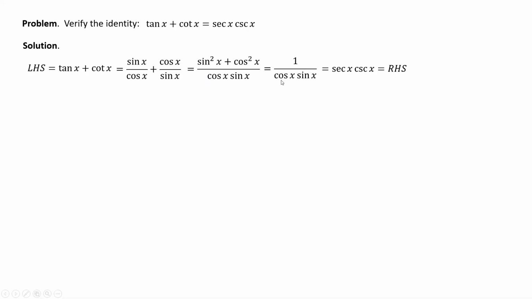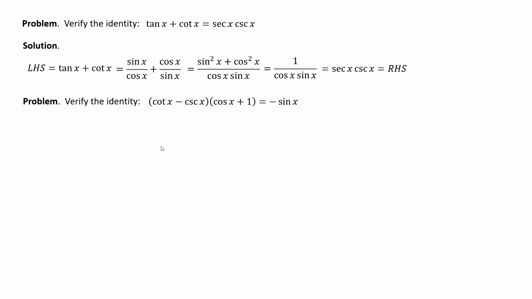So 1 over cosine x times 1 over sine x, but 1 over cosine x is secant x, 1 over sine x is cosecant x, and that's the right hand side. Cool? So typically addition needs to be shown to be a multiplication. You pick the addition side, have fractions, and then work with adding the fraction or subtracting the fraction and simplify.